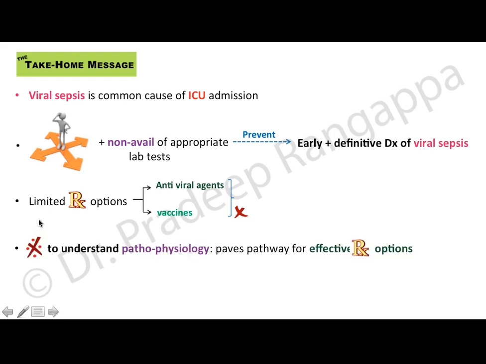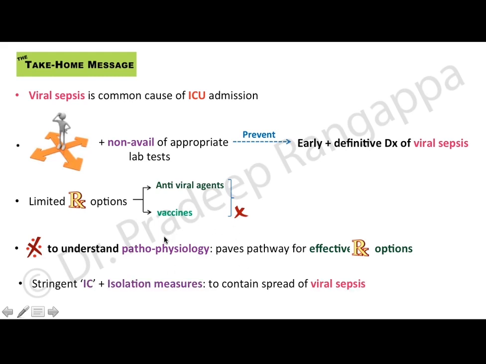But the whole purpose of this talk is to highlight the importance of understanding the pathophysiology, because by understanding the recent advances in pathophysiology and identifying new proteins like SLIC2N protein or fibrin derived peptide in dengue, I think that may pave our pathway for effective treatment options.